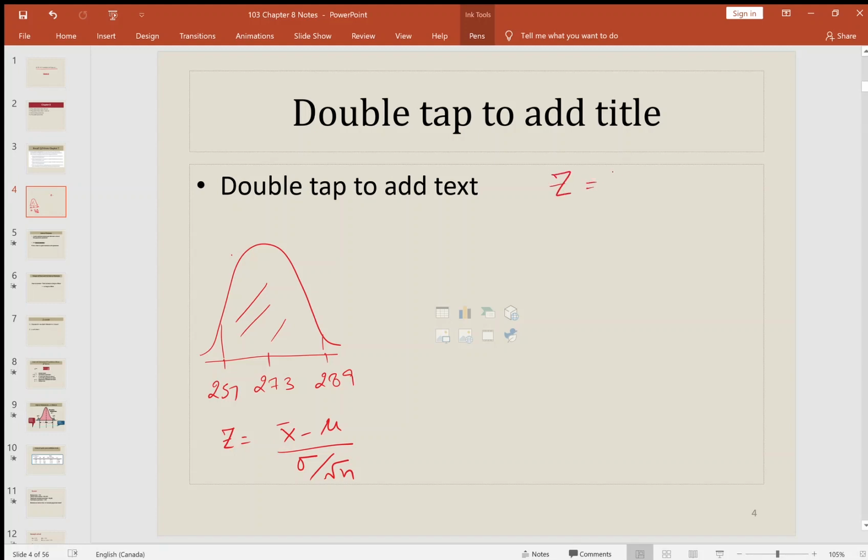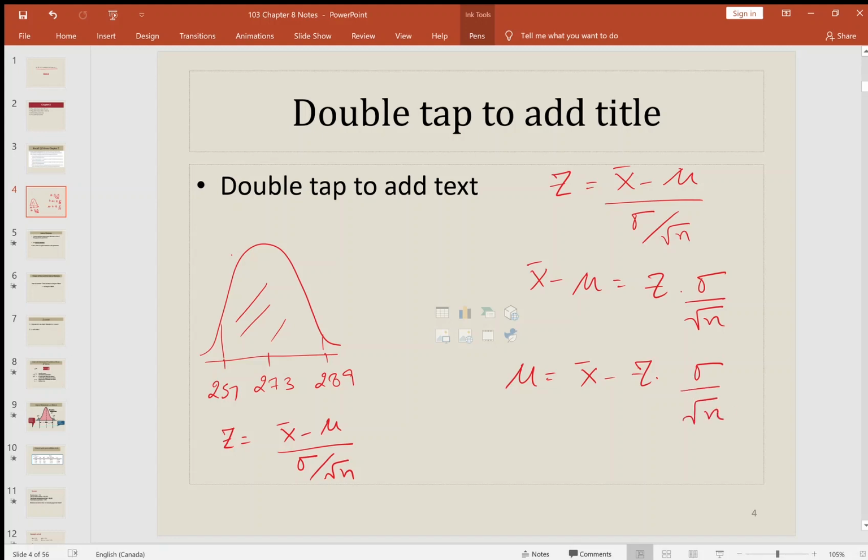Z is equal to x bar minus mu over sigma divided by square root of n, or x bar minus mu is equal to z times sigma divided by square root of n. So I'll take the mu to the other side and the z sigma divided by square root of n to the other side. So it will be mu is equal to x bar minus z times sigma divided by square root of n.